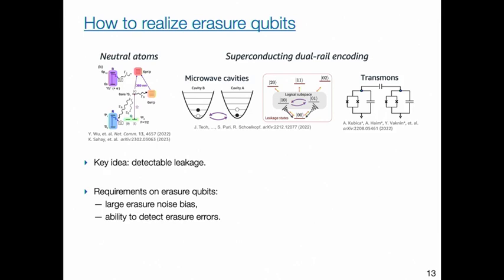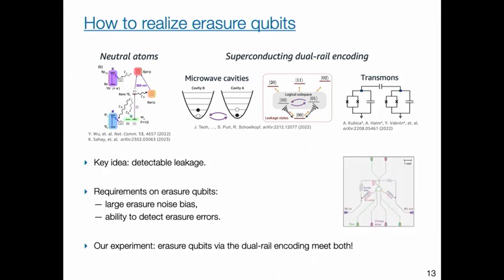In order to benefit from erasure qubits, we need to have a system where we have a large erasure noise bias and the ability to detect erasure errors without disturbing our qubits. And in our experiment, we demonstrated that erasure qubits via the dual rail encoding can meet both of those requirements.